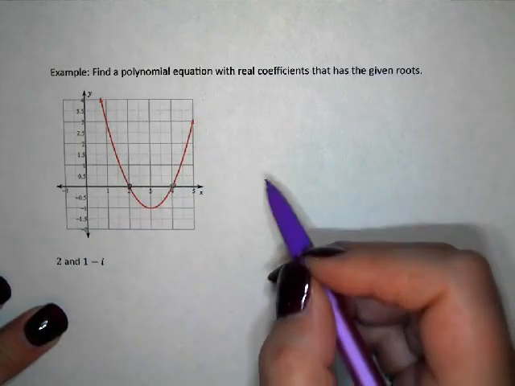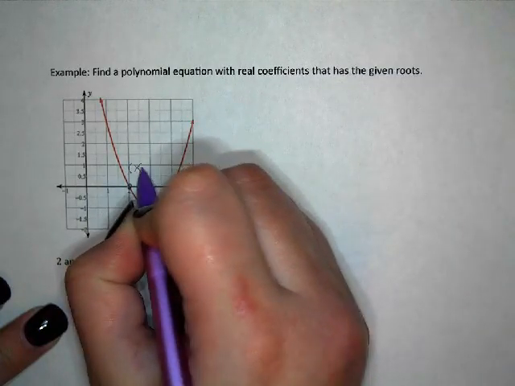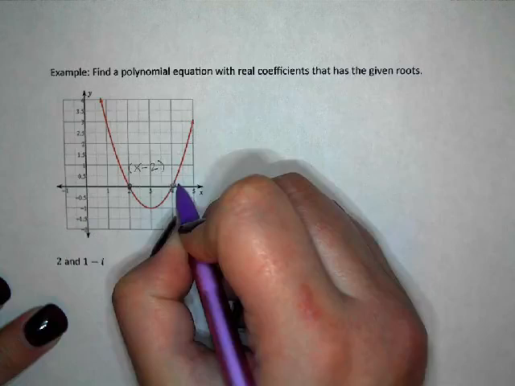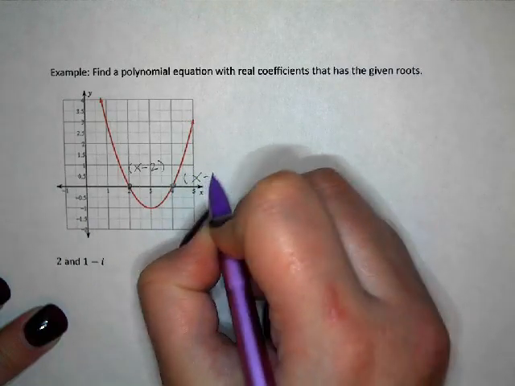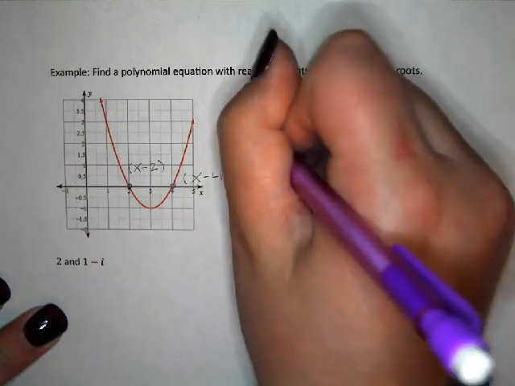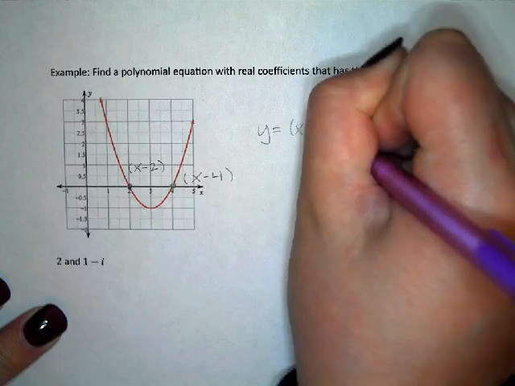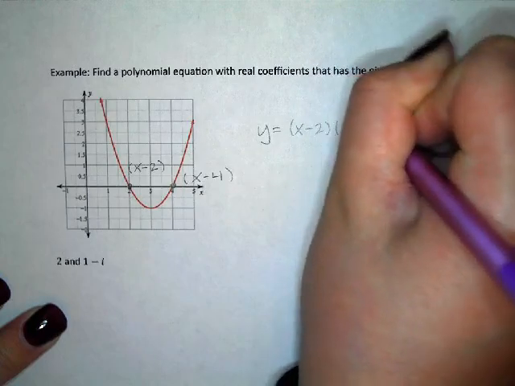It always changes the sign, so this would be x minus 4. So if I wanted to write a polynomial equation for this, I would say y equals x minus 2 and x minus 4. And if they said that the factored form was okay, or that the linear factorizations were okay, then I would leave it like this.